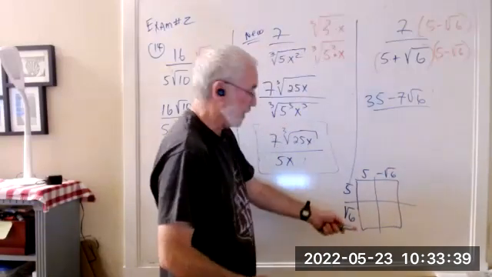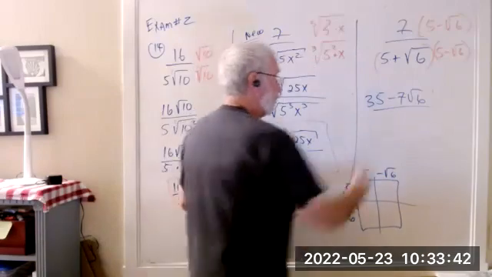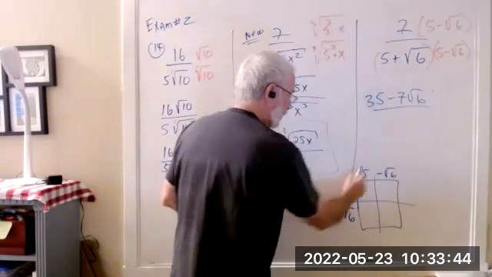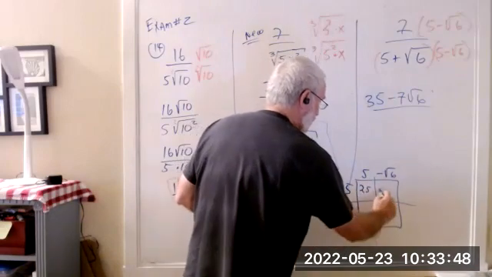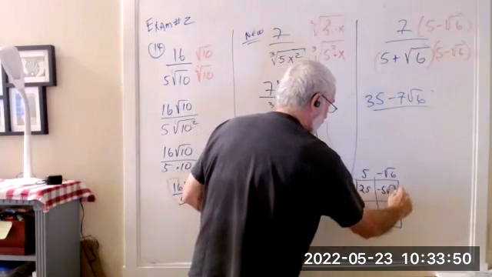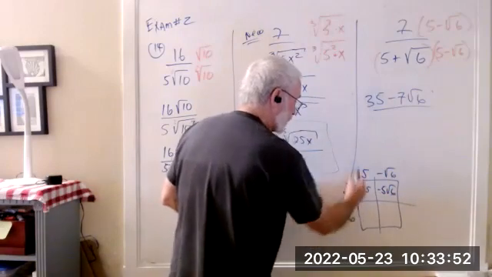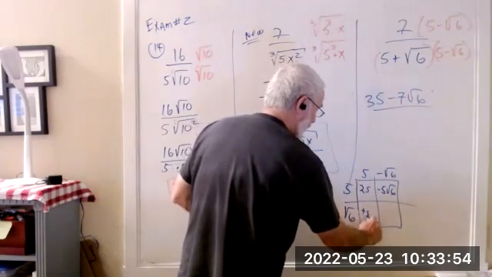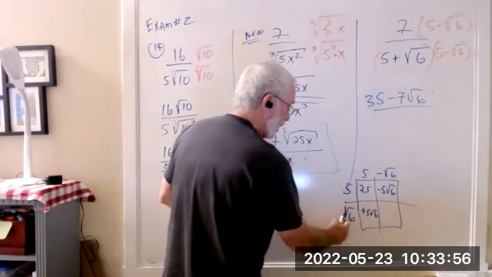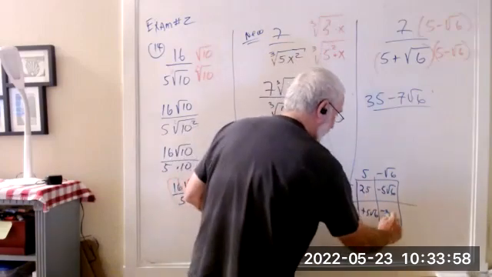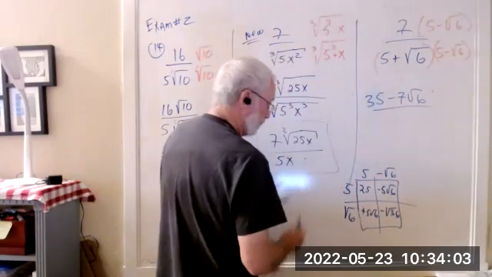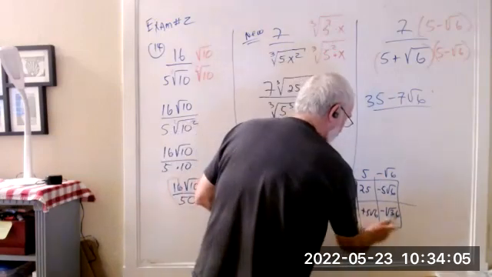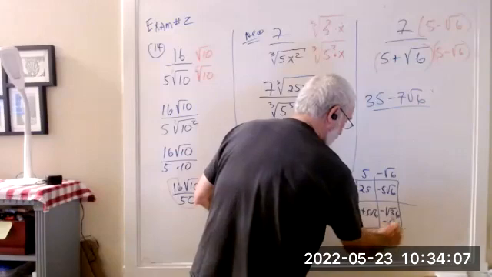So that's what you're multiplying here. 5 times 5 is 25. 5 times negative radical 6 is negative 5 rad 6. Radical 6 times 5 is positive 5 rad 6. And radical 6 times negative radical 6 is negative radical 36. But that's the same as negative 6.